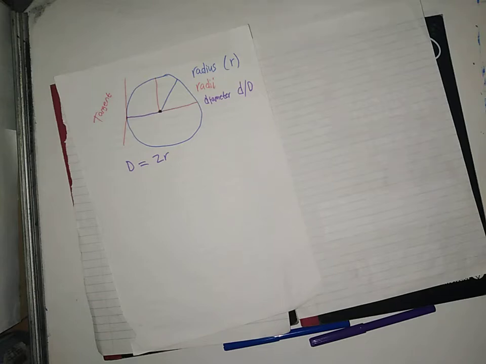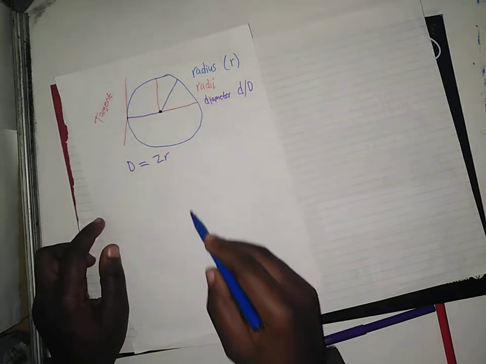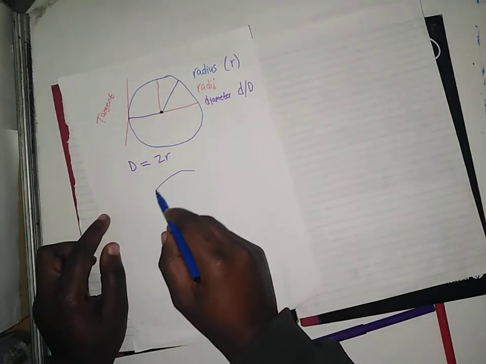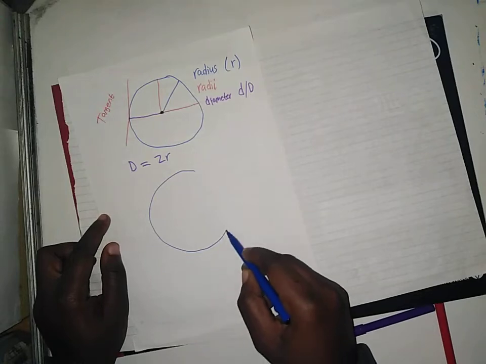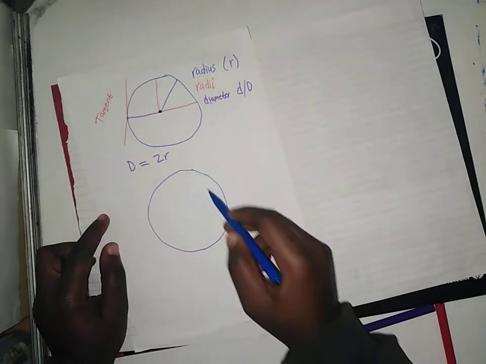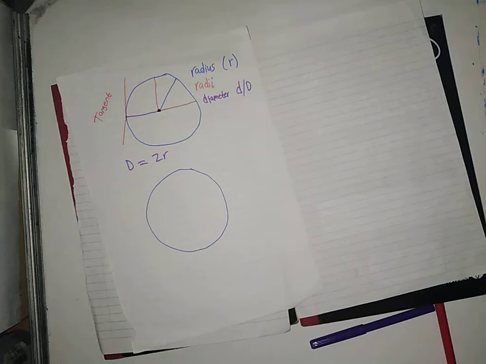Now there are some other terms that are also very important, and for these I'll write another circle so that I can illustrate them well. So let's say we've got a circle like this. Now if you have a line from the circle to the circle, but that line doesn't pass through the center, then we call that line a chord.